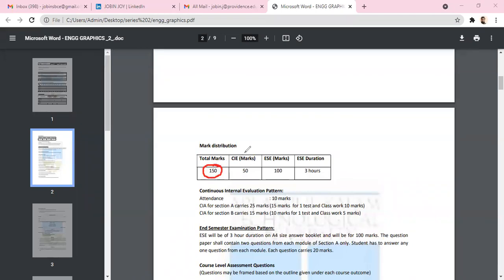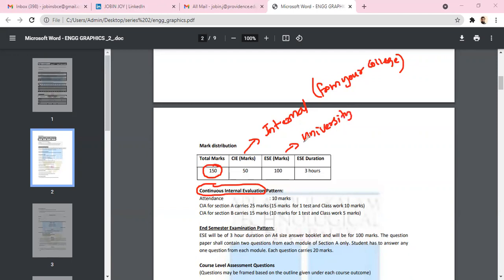CIE means continuous internal evaluation, that is, internal from your college. ESE means end semester examination, conducted by the university. So this is the internal mark, and this is the university 100. Total marks will be 150, and the end semester examination duration is 3 hours.